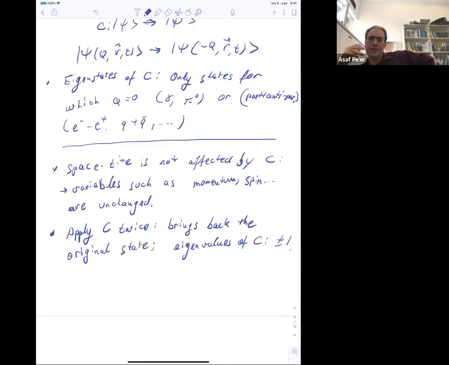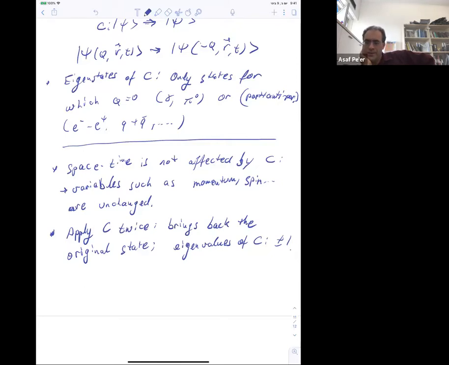There are processes that do not violate any of the other conserved quantities that we spoke about, lepton family, charge, etc., and they still do not occur in nature because they do violate parity or charge conjugation or something of that kind. So we use these symmetries to determine whether some processes can take place or not.